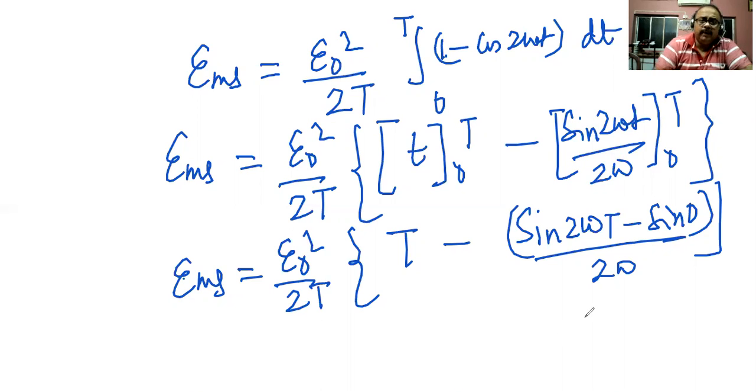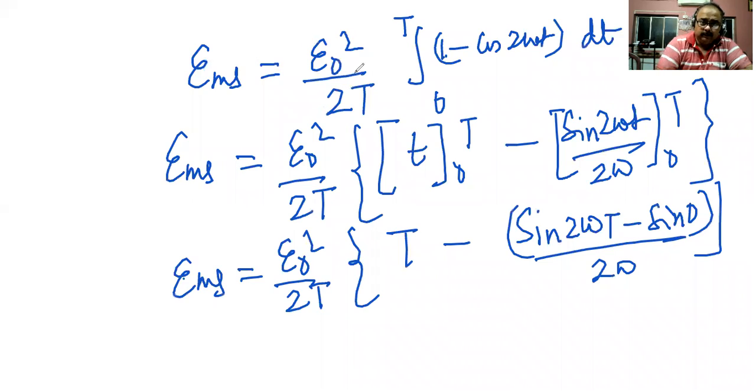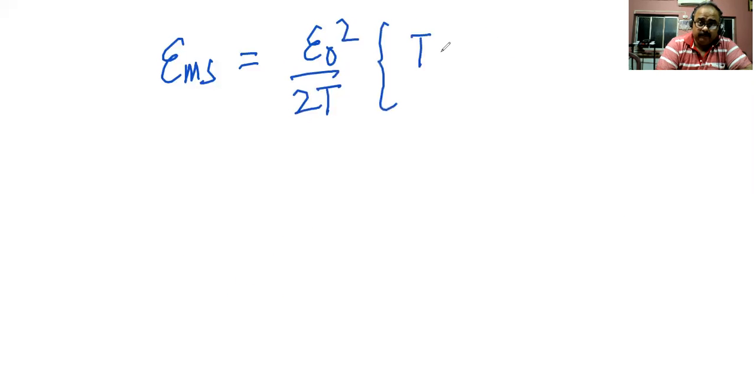So since we know omega t is equal to 2 pi, let me move on to the next page. So I'll get E mean square equal to E naught square by 2t, then t minus sine 2 omega t.